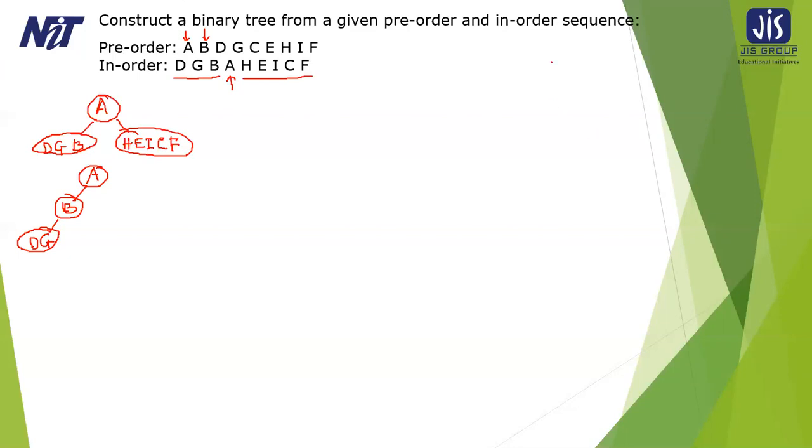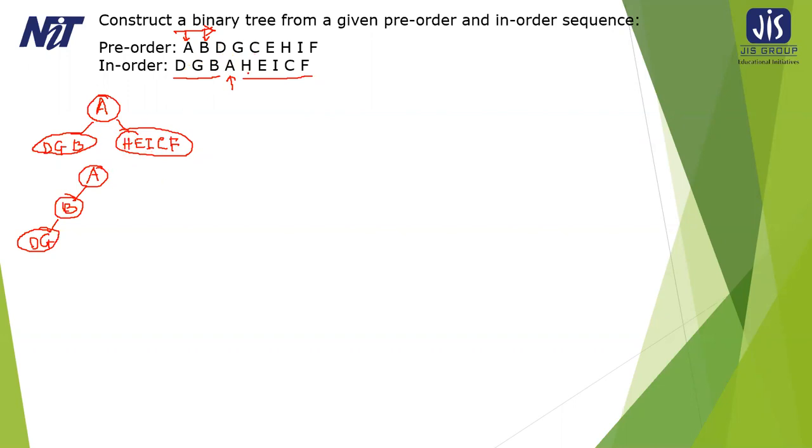Now among H, E, I, C, F, who is the root? We have to find out from left to right in pre-order who comes first. That is the root of this right subtree.